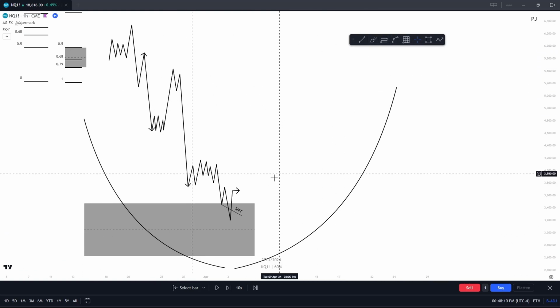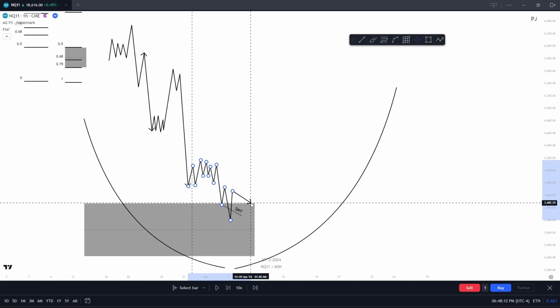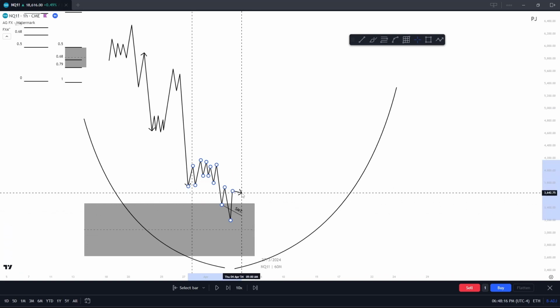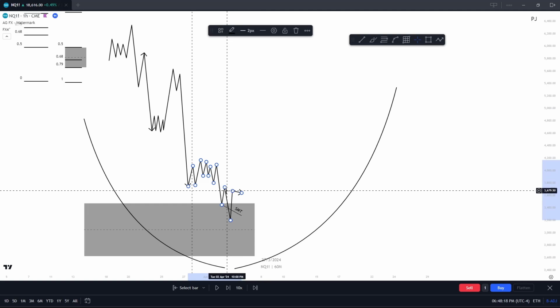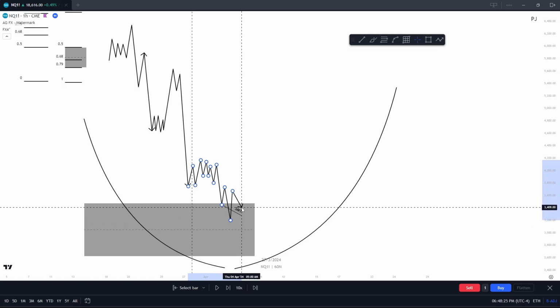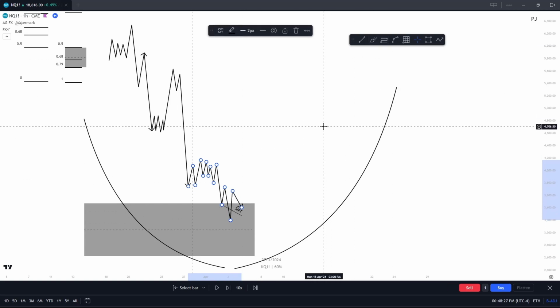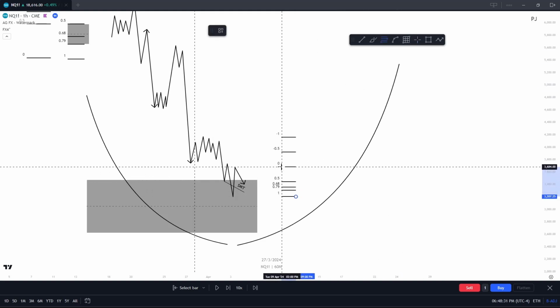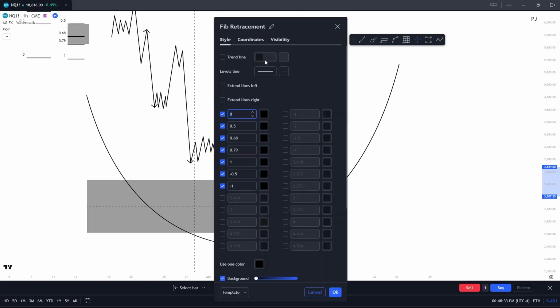Continuing on, we see price right here, and we often see people not know which way it's going to go. If we see a failure swing here in reaction off of this order block on the other side, it doesn't mean we're going to break the low, but we can see a retracement into, I'm going to take these off because I don't ever use those.